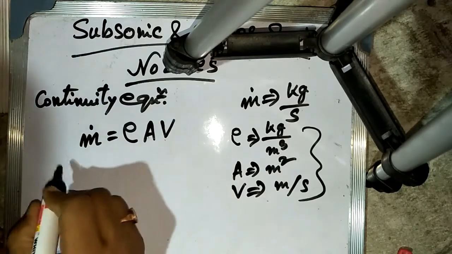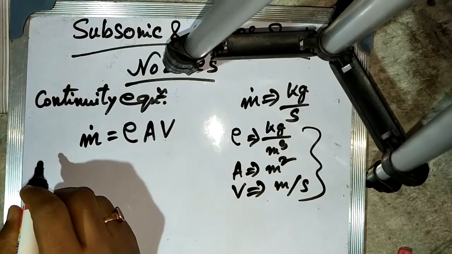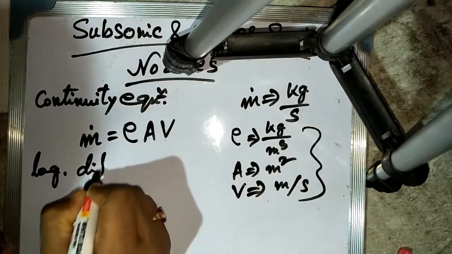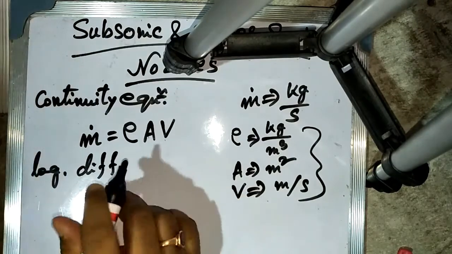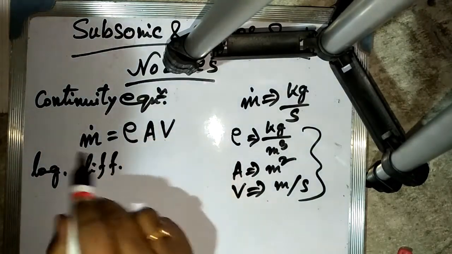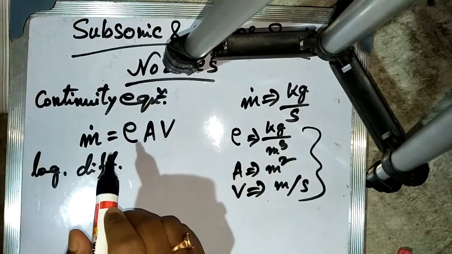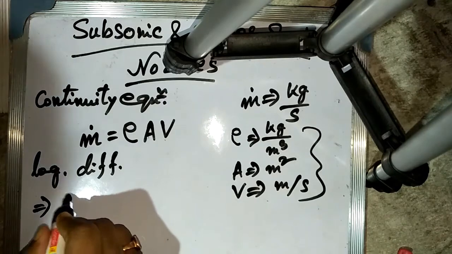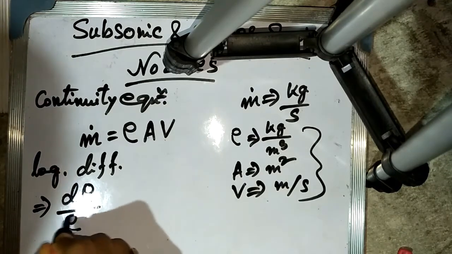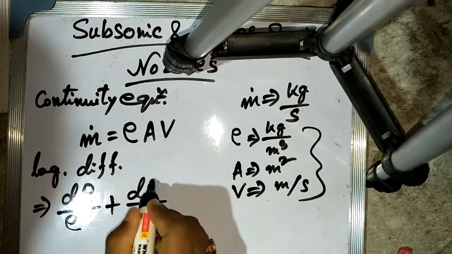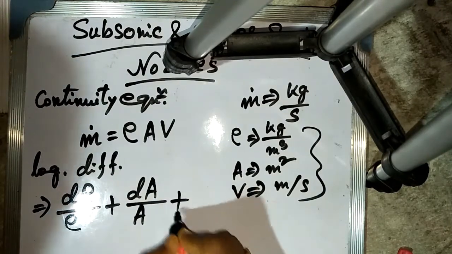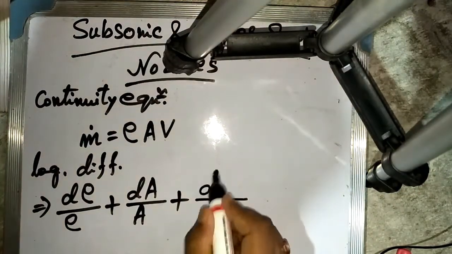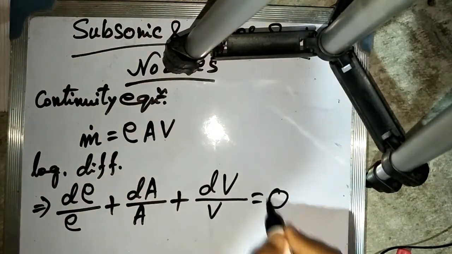By logarithmic differentiation, that means first we take the log of this expression and then differentiate, we get d rho by rho plus dA by A plus dV by V equals 0.